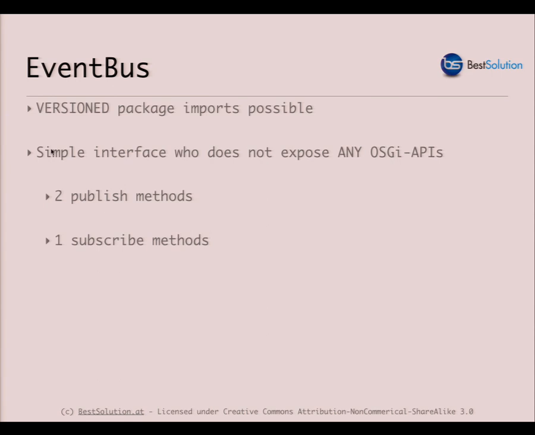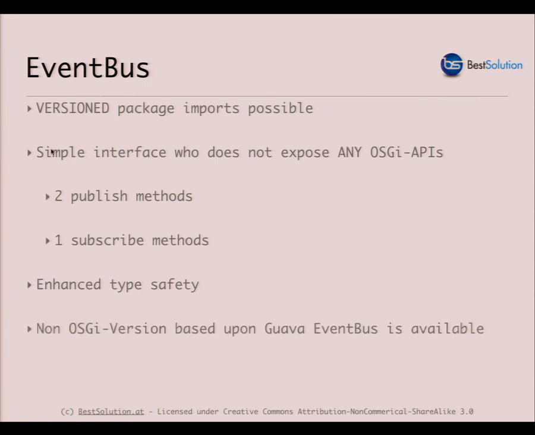It has two publish methods and one subscribe method. And a very important fact: the event broker is not type safe. Event bus is a type safe system. So we'll see in a moment what that means to us. And for non-OSGi applications, we have an implementation of this on the Guava event bus implementation, so you can run your code inside and outside of OSGi.